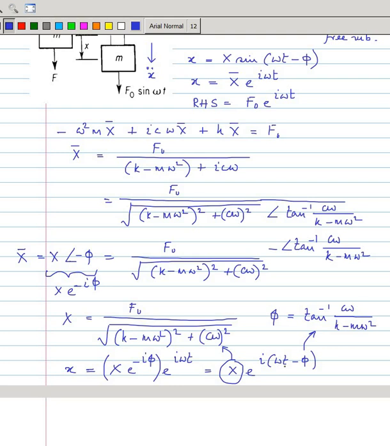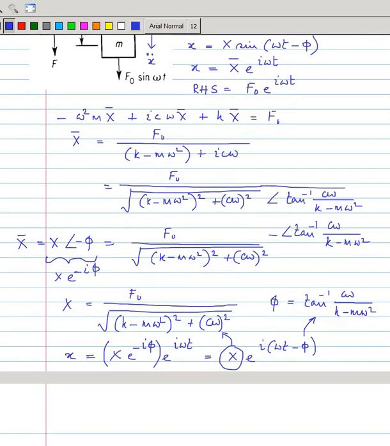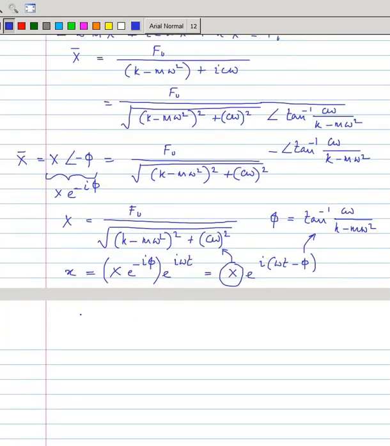And here also you see that x is of the same frequency omega as the forcing frequency, but it is lagging by an angle phi, and you have to take the imaginary part of it as the solution. What is the imaginary part of this? This is cos of omega t minus phi plus i sin of omega t minus phi. So the imaginary part is sin of omega t minus phi.